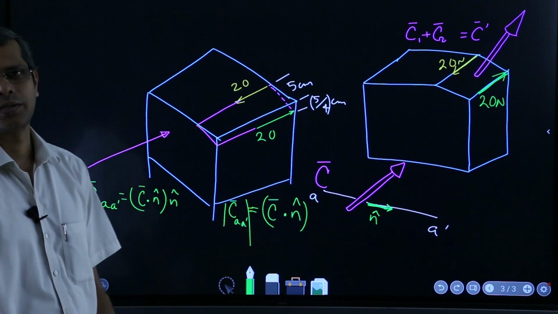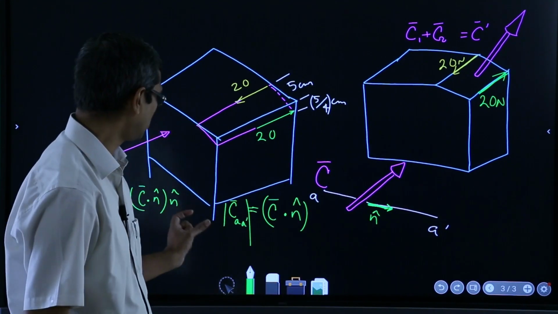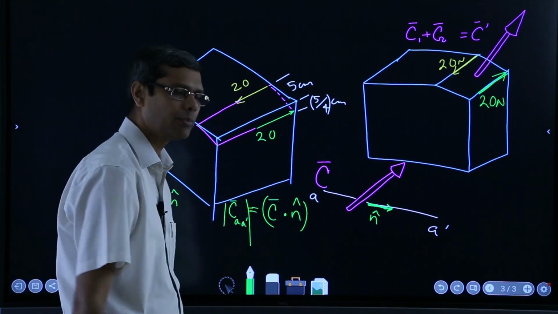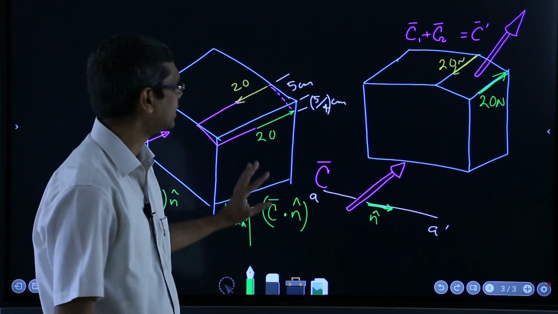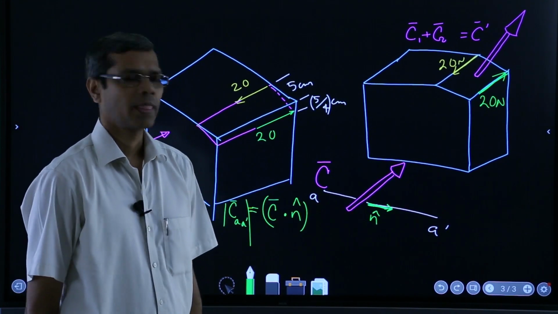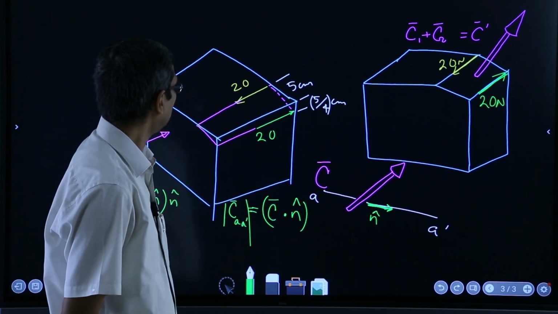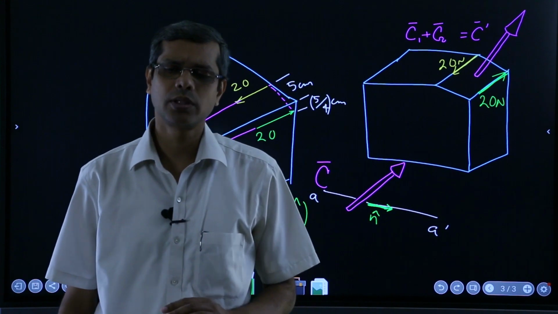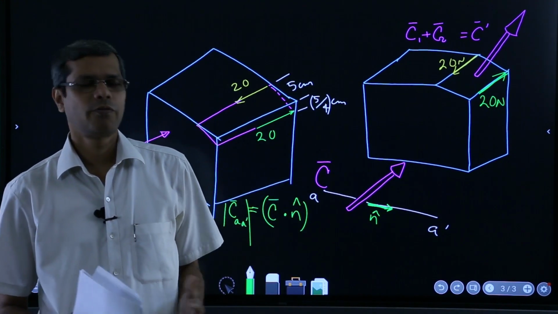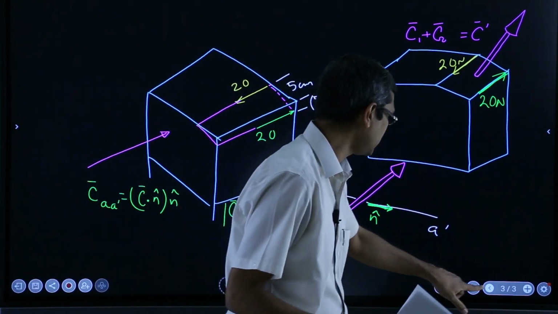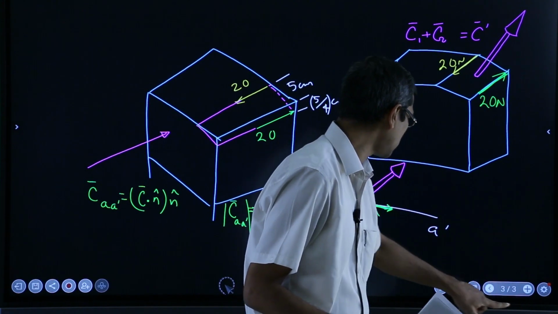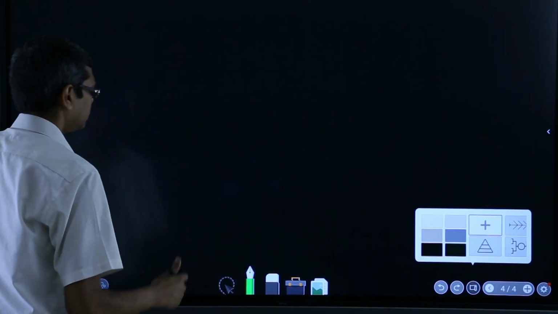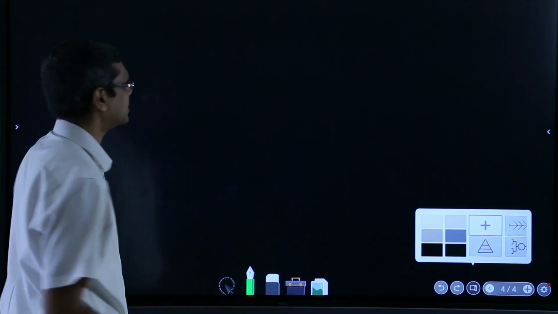So that's the small additional thing which I thought is important, and in many cases it can be used directly. Okay, so that sort of finishes all the important vectors which we need for all the problem solving skills.